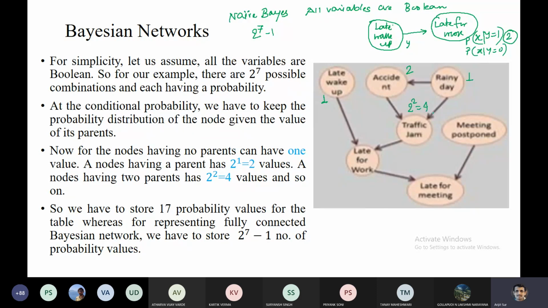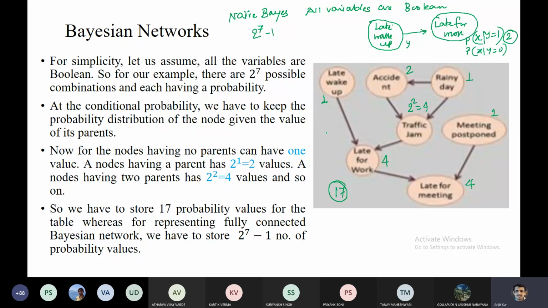Meeting postponed has 1 value, this has 4 values, and this again has 4 values. So how many total values have we counted? 1, 2, 3, 4, 8, 9, 17. A total of 17 probability entries is required to describe these relations.